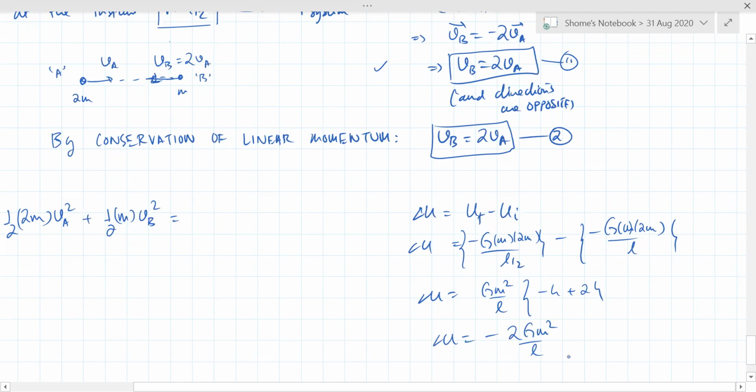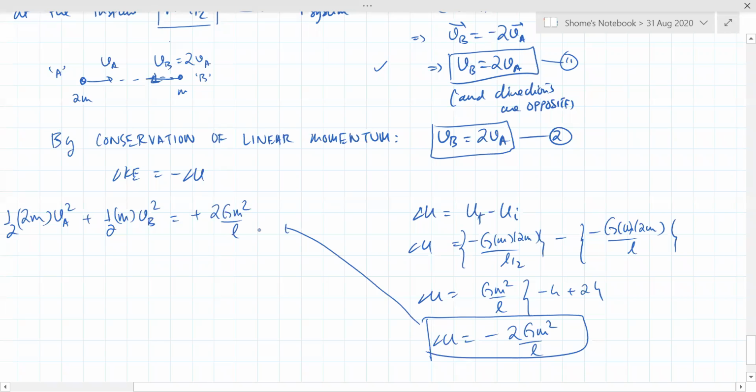Remember, the change in kinetic energy was equal to the negative of the change in potential energy. So substitute this here now. So this is becoming plus 2 G m square by L. This is what our first equation is becoming parametrically.